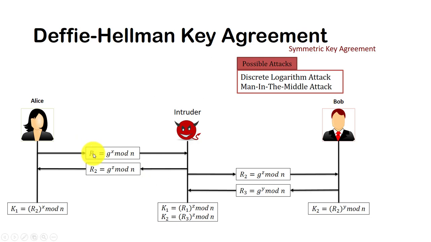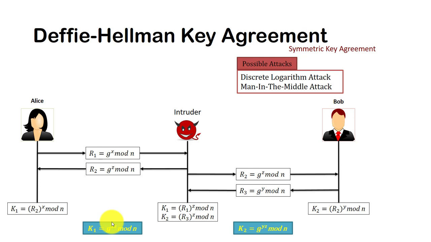Based on the value it receives from Alice, it calculates R1 to the power z, and based on the value it receives from Bob, that is R3, it calculates R3 to the power z mod n. By the calculation of R1 to the power z, it gets the value of g to the power xz, and the same value would be calculated by Alice. So the key established between Alice and the intruder is g to the power xz mod n, that is k1, and k2 is the key established between the intruder and Bob, which is g to the power yz mod n.